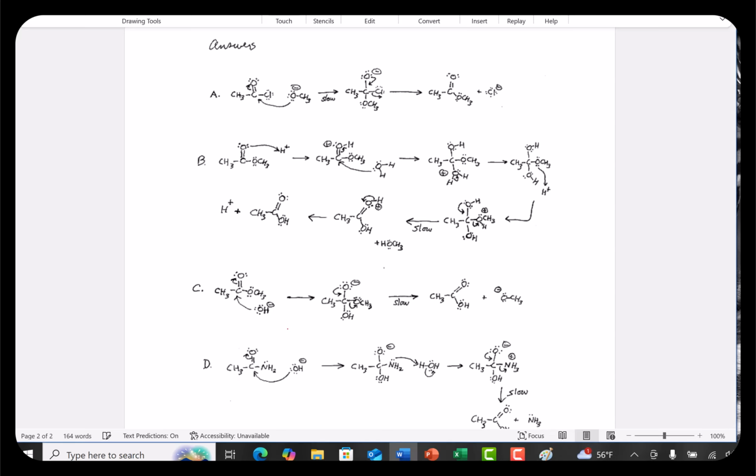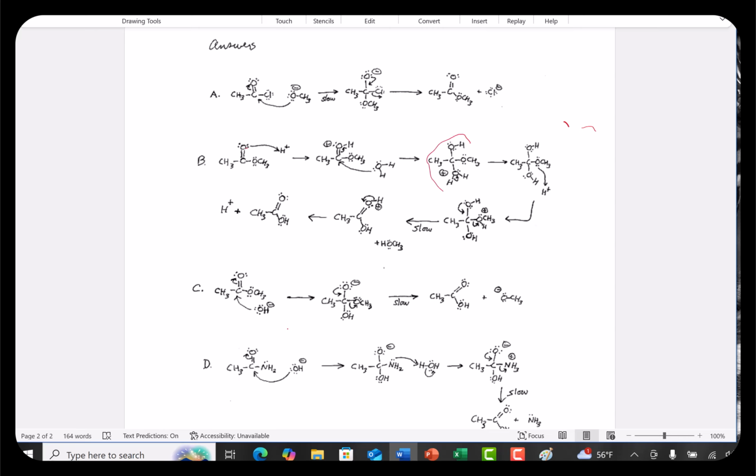All right, so B, first step, transfer of a hydrogen ion from the catalyst to the oxygen, giving the protonated species here. Water, the nucleophile, now attaches to the carbonyl carbon.